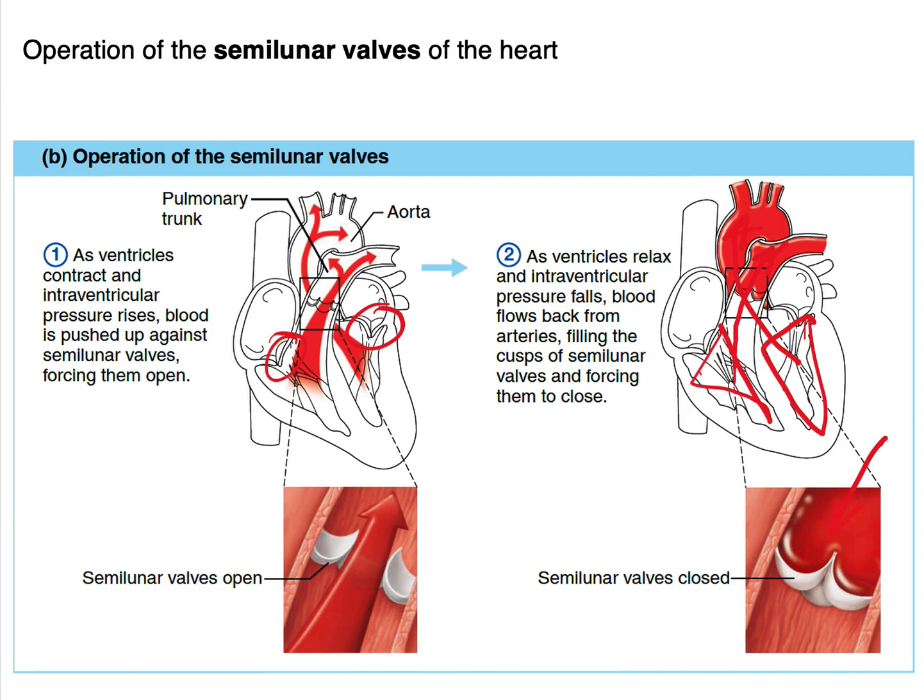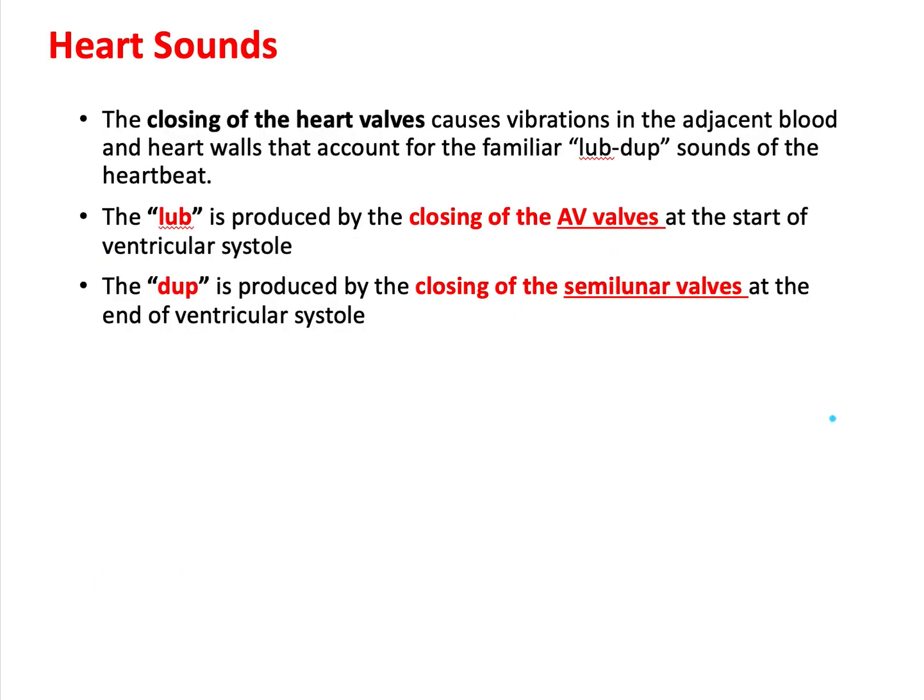Once the blood tries to return, it will fill the sinuses of the semilunar valves. So filling these cusps will close and approximate the cusps to each other and close the semilunar valves and prevent the blood from returning back to the ventricles.